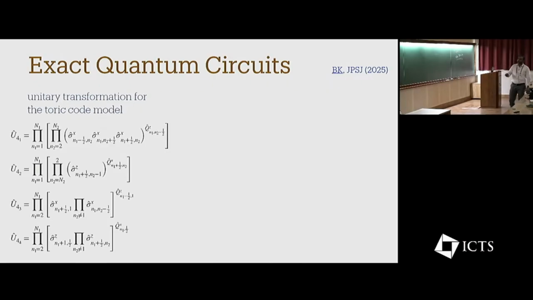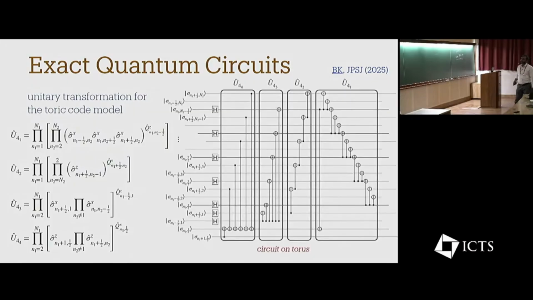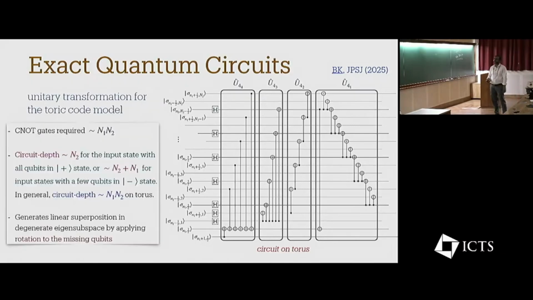For example, these are the 4 steps that unfolded the Toric code for me, the 4 parts of the unitary transformation. And as I said, these mathematical equations can precisely be translated into a circuit of CNOT gates.